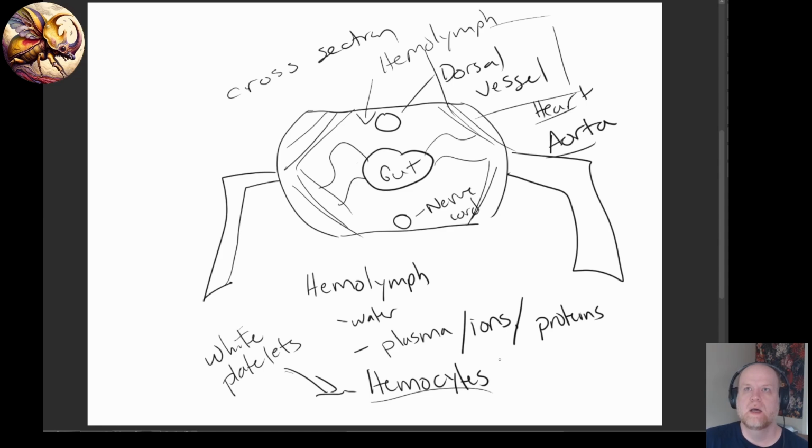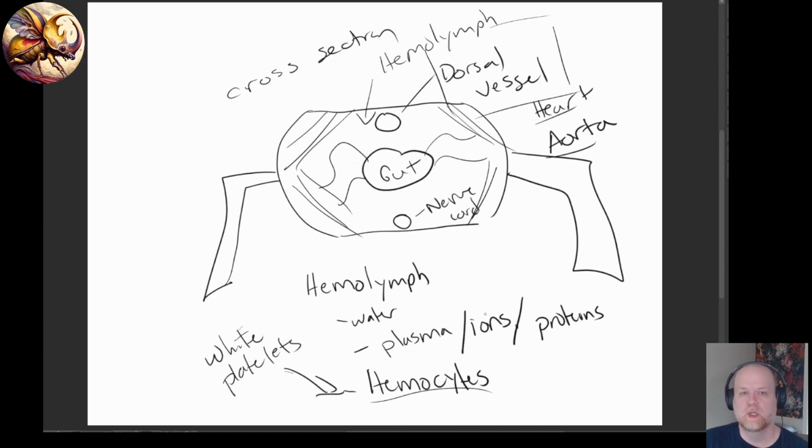It's not like humans where we have red blood cells that transport oxygen, because in most insects, oxygen is transported by the tracheal system, which we already covered. There are insects that have hemoglobin, the iron molecules which humans use to transport oxygen.